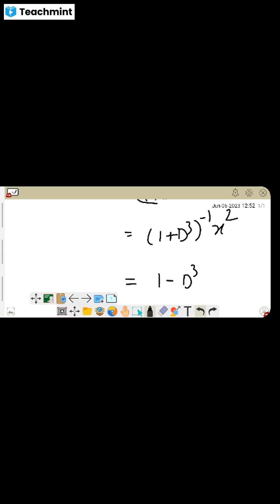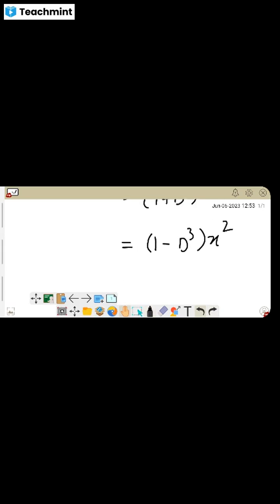We will take only till here because you'll get next 0, that is why.